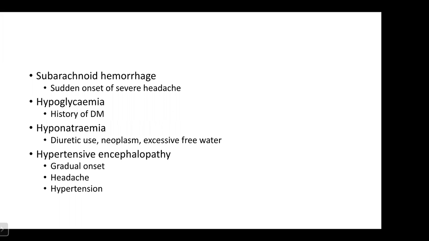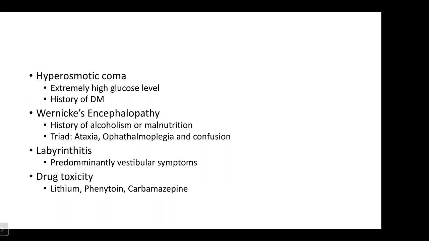All these features of hypertensive encephalopathy overlap with stroke also, so at that time we get confused whether it is hypertensive encephalopathy or stroke. Similarly, hyperosmotic coma in a diabetic patient, where the blood sugar is high and the osmolarity increases, may be present and mimics stroke.